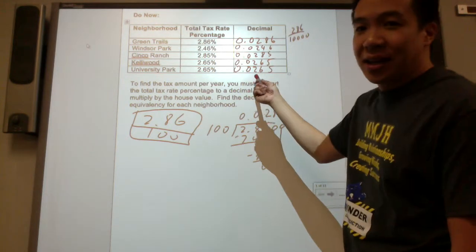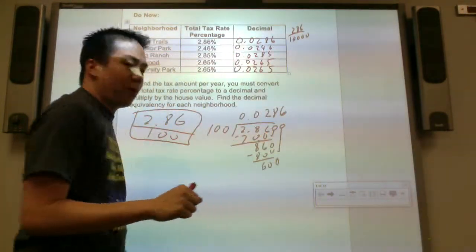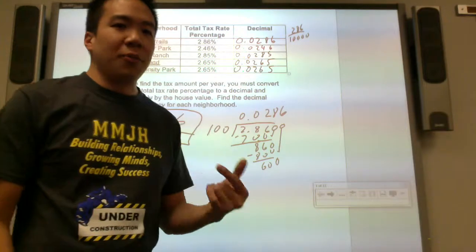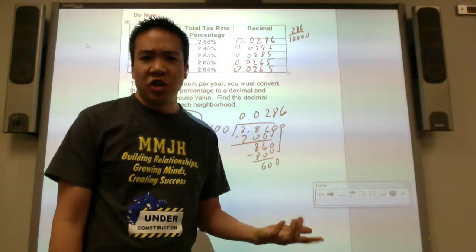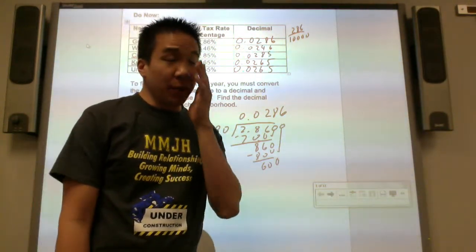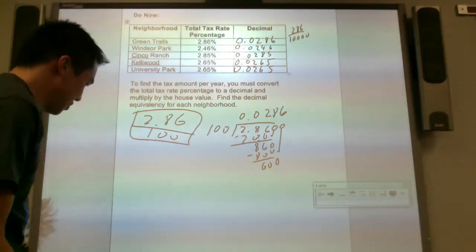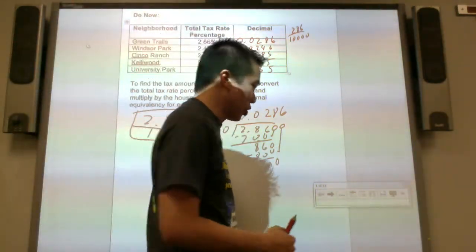So if you multiply this by its house value, you have a very, very approximate amount of what you're going to pay in taxes per year. Of course, there's such a thing as homestead, but most people in their first year don't get homestead. That's like an exemption that saves extra taxes. Ask your parents if you have any question on that one.